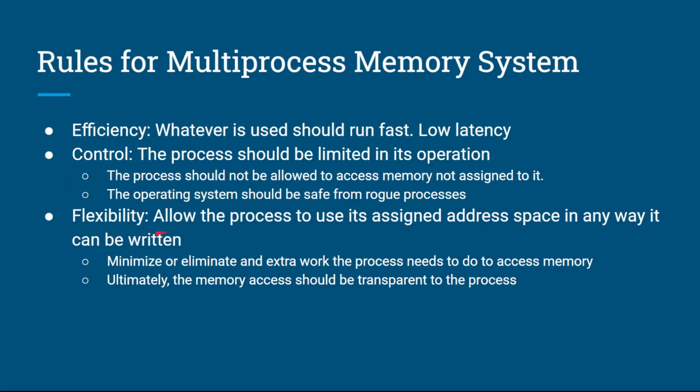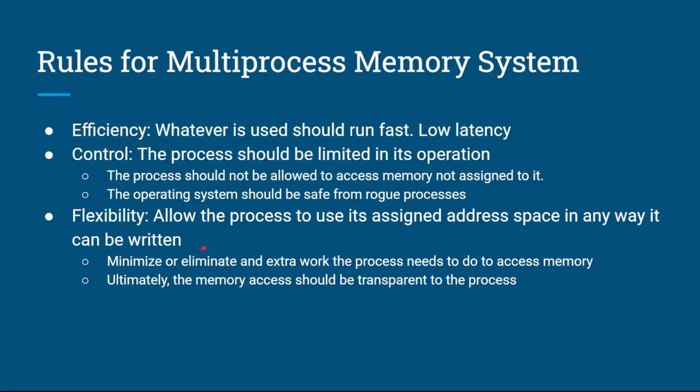And then finally, we need something that's flexible. It seems very odd that we have control and flexibility here. Flexibility is allowing the process to use that address space in whatever way it wants to.